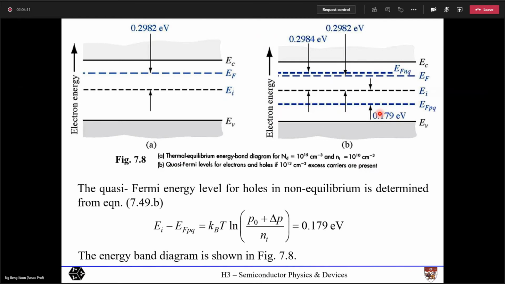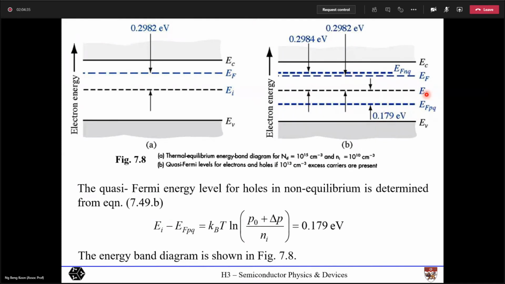This reflects the increased hole concentration that you get because of the excess carriers. This change is significant because the excess carrier introduced, although insignificant for the majority carrier, is very, very significant for the minority carrier, so much so that the concentration makes it look like a p-type concentration.